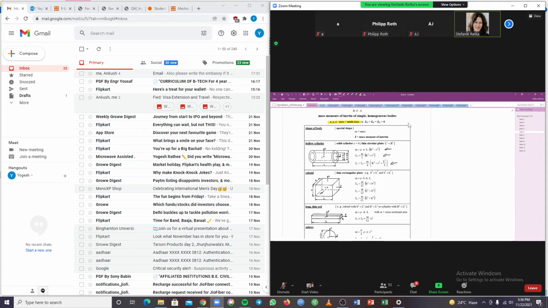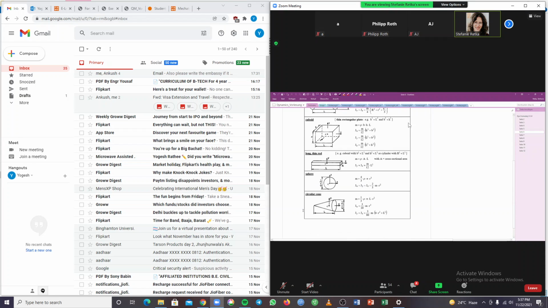Then also for cuboid, we have the mass moment of inertia given, always referring to the coordinate system given in our problem description. Third object is a long and thin rod, x-axis being the axis in direction of the rod. Then it's quite simple here.